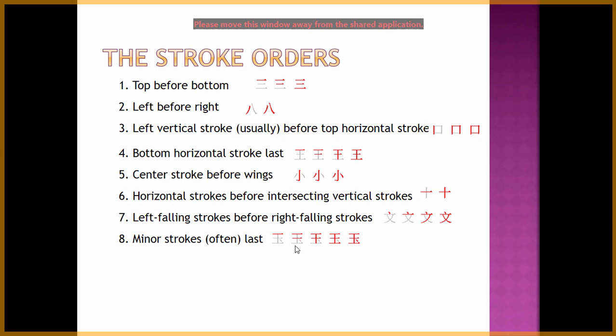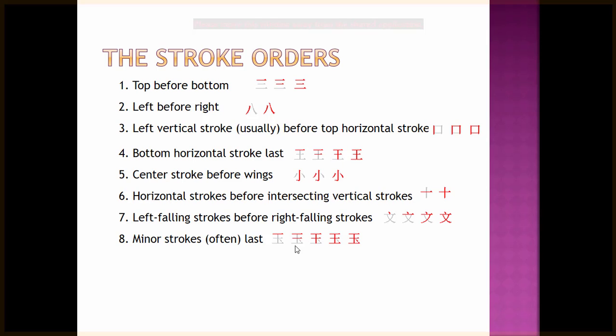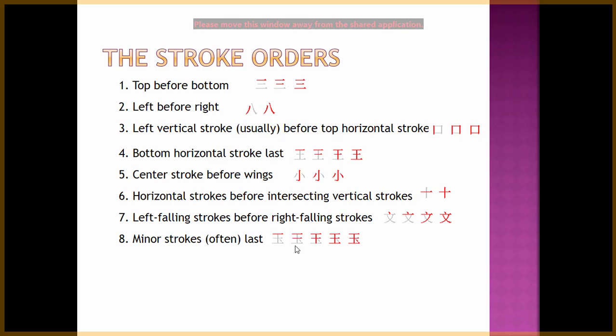In the third point, the bottom horizontal stroke comes last. The red lines: first the top, then the second, then the vertical line, and the bottom horizontal stroke will be last. Center stroke before wings, in the fifth point. These are all rules which we will follow when we start learning the Chinese characters.